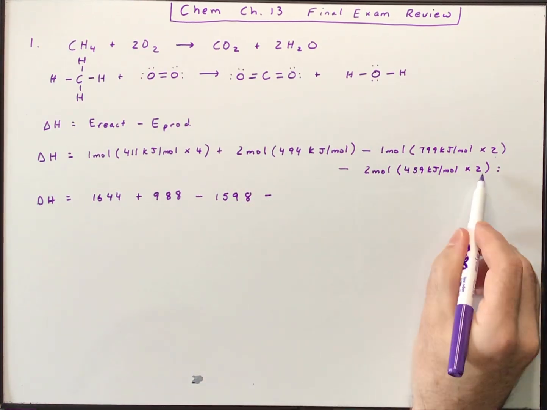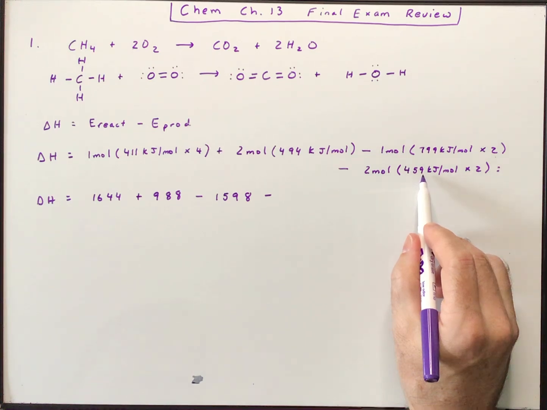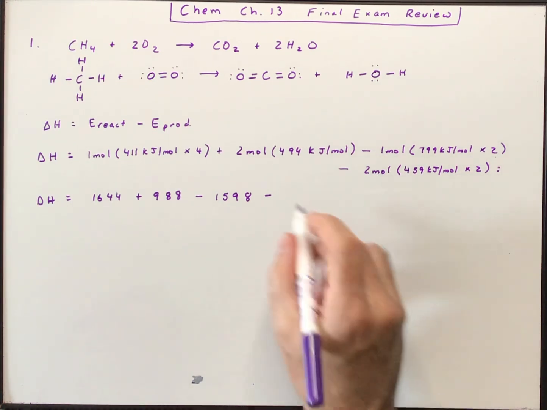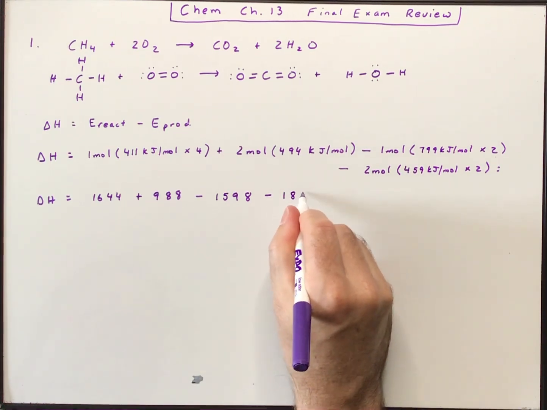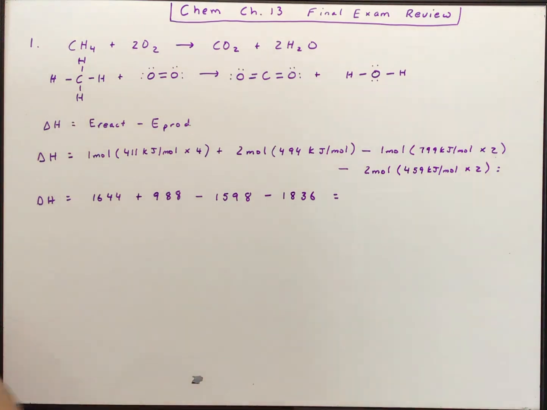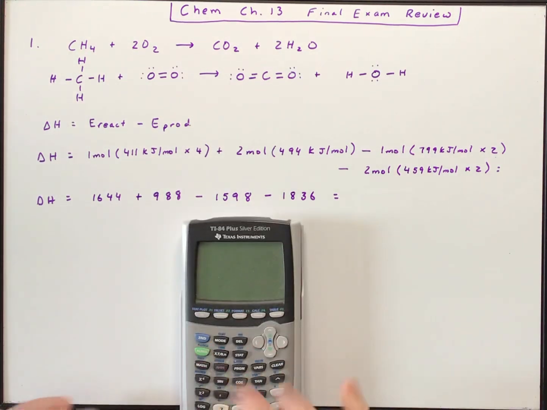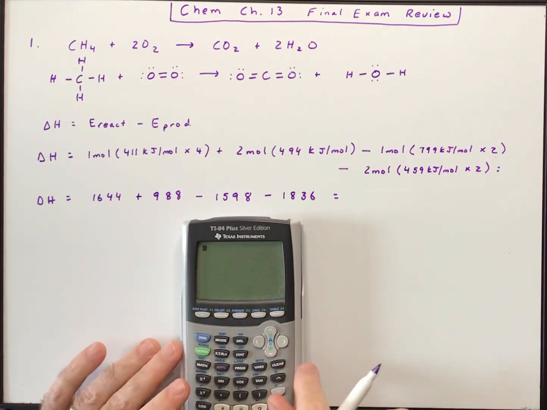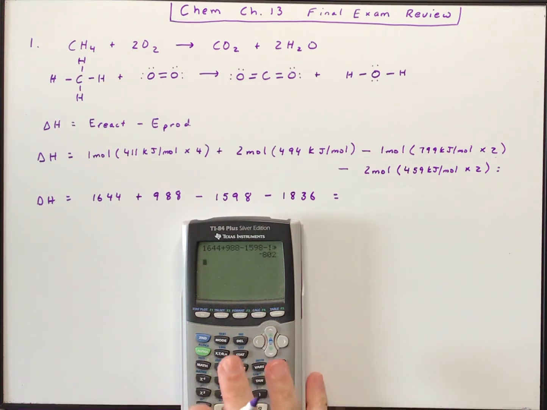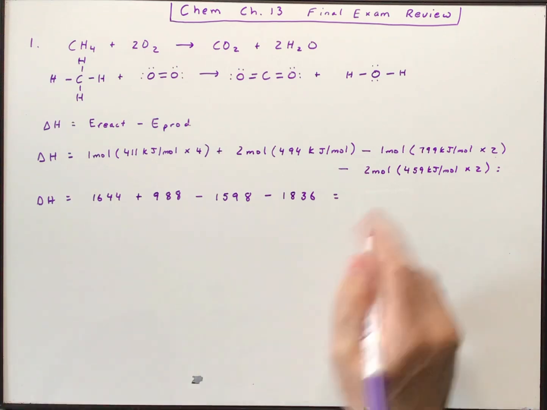And then 459 times 2, that's going to be 918, times another 2 would be 1836. All right, so let's go ahead and put that in the old calculator. So 1644 plus 988 minus 1598 minus 1836 is negative 802.